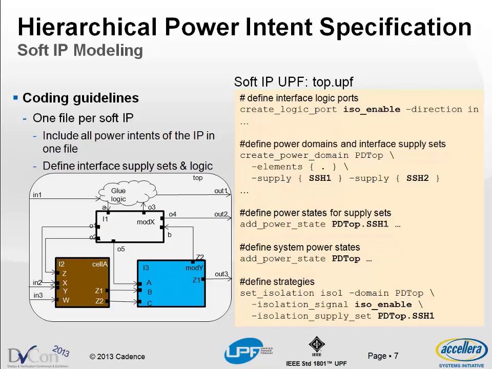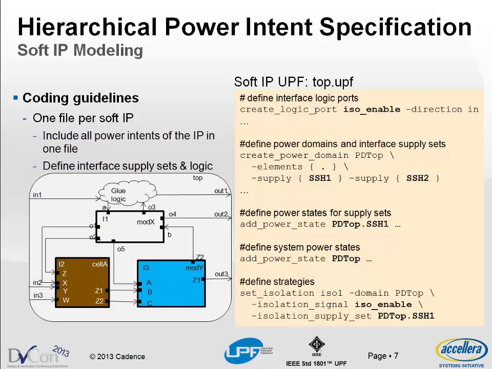Those ports don't have to be in the RTL. You define this port, even though this port name called ISO_enable is not in the RTL, you can do that. Then you can define the interface. This is basically what we call the top level power domain. I include scope to say everything below this belongs to this power domain.